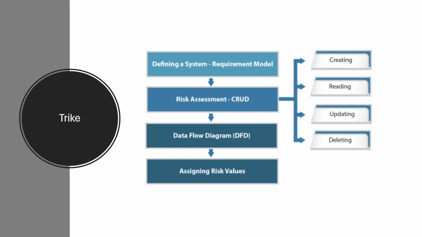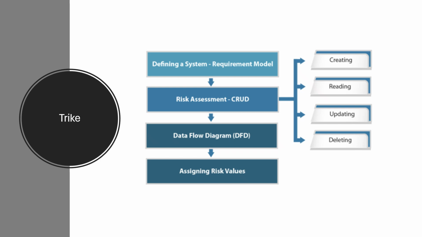Trike is a threat modeling framework combining system requirements, CRUD-based risk assessment, data flow diagrams, and quantitative scoring to identify, prioritize, and mitigate security risk systematically. The step-by-step process is as follows. 1.